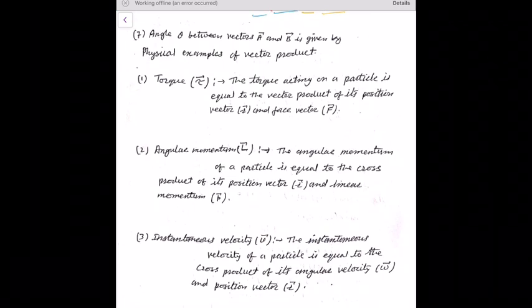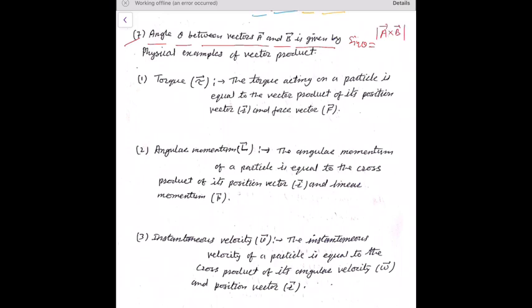Next property. 7. Angle theta between vectors a vector and b vector is given by sin theta is equal to magnitude of a vector cross b vector upon magnitude of a vector times magnitude of b vector.